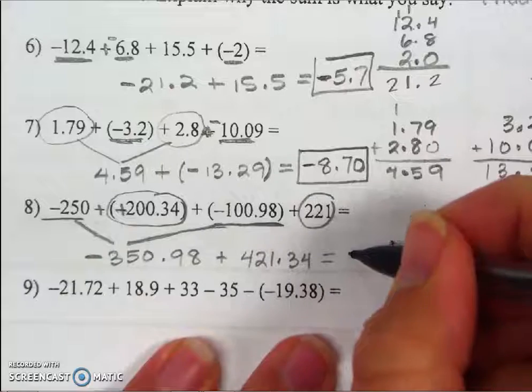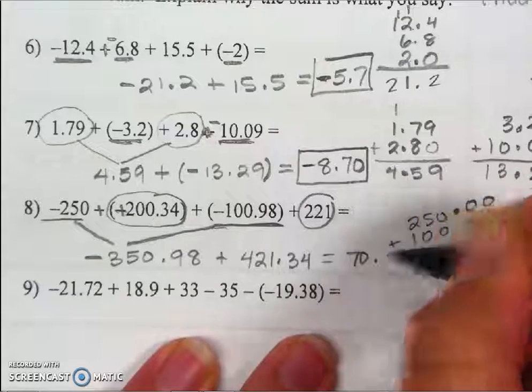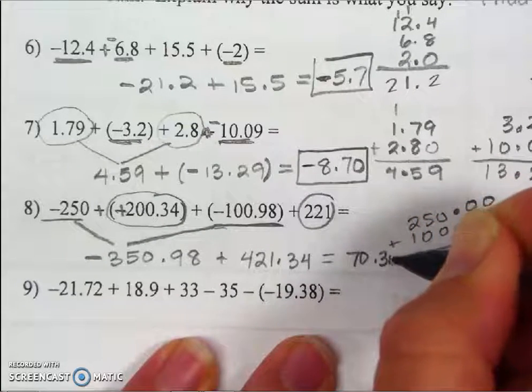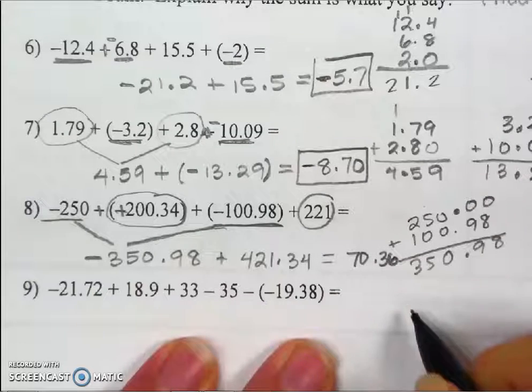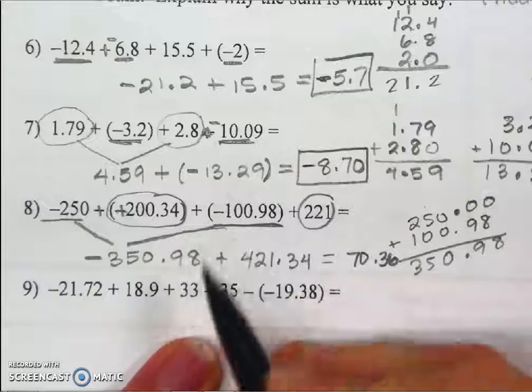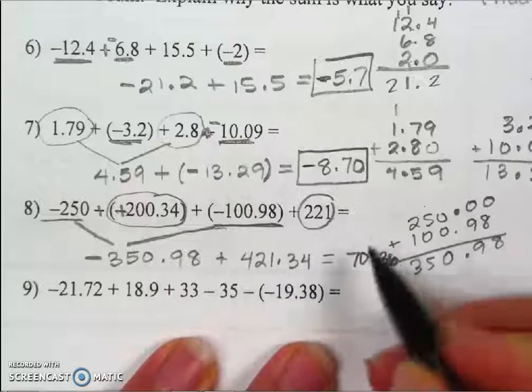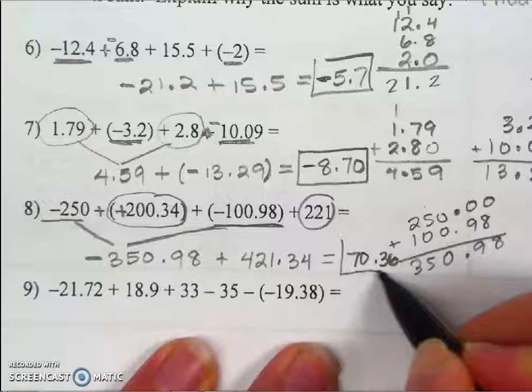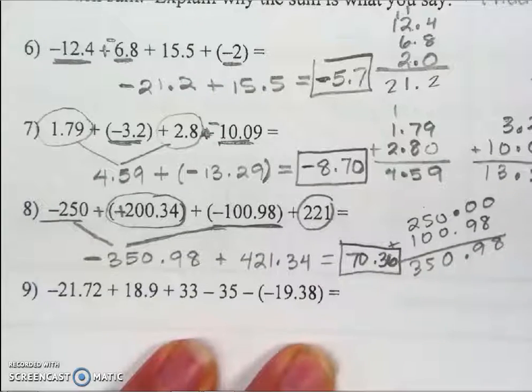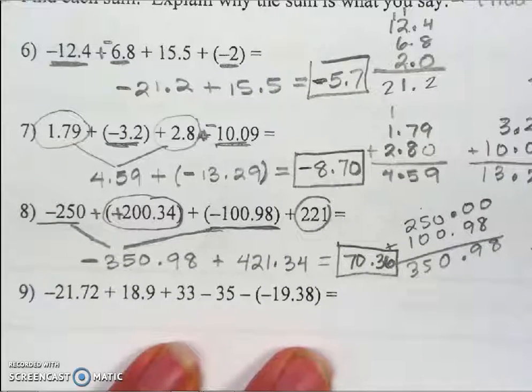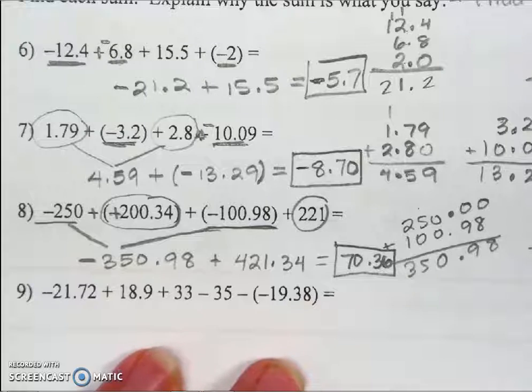So I'm going to write that here, 70.36. Sorry, that's getting a little scrunched in there. And did we have more negatives or more positives? Well, we had more positives, so that's going to stay our answer. Our answer is actually positive 70.36. Please put a box around it so I can see yours. Sorry, mine's getting so scrunched together.